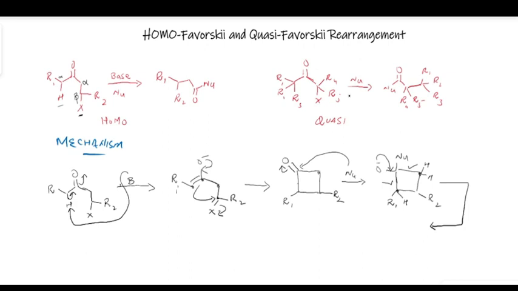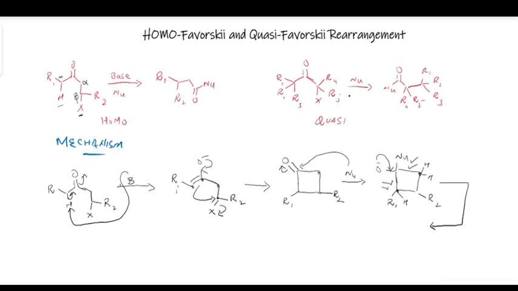So a breaking of this carbon-carbon bond will lead to the formation of a primary carbanion, and the breaking of this carbon-carbon bond will lead to the formation of a secondary carbanion. And we have discussed this scenario in the previous video as well, that if there is an unsymmetrical situation, then that carbanion will be favored, which is relatively more stabilized.